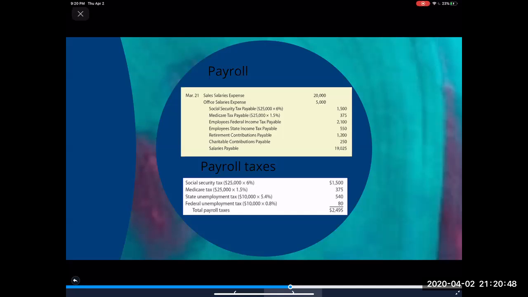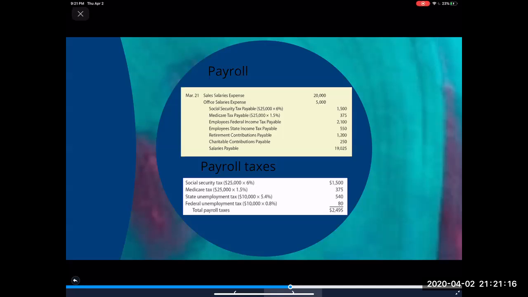But lastly, I want to talk about payroll taxes. Payroll taxes is again what the employer, the business, is paying. Remember, Social Security tax and Medicare tax is exactly what they must match with the employee. As you can tell, in this bottom box the Social Security tax is $1,500, and so is the Social Security tax payable in the top portion.